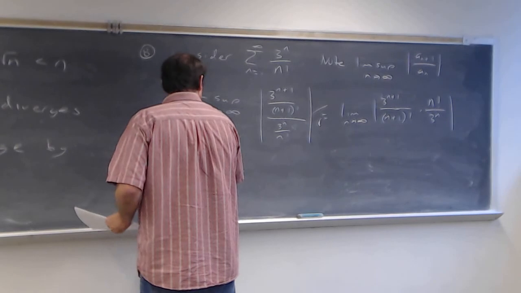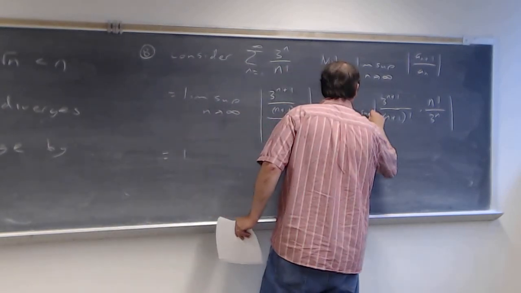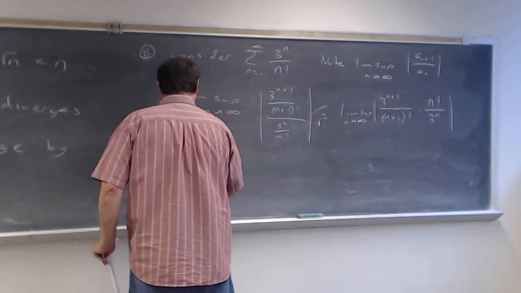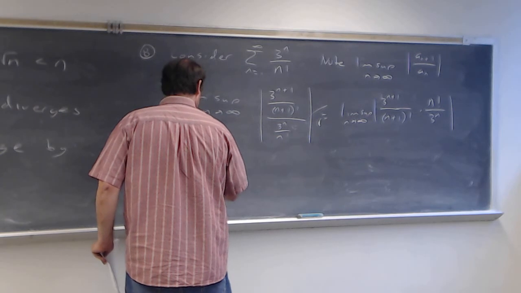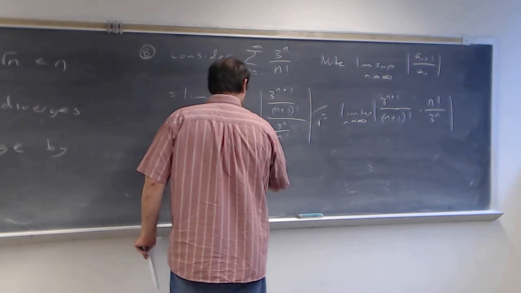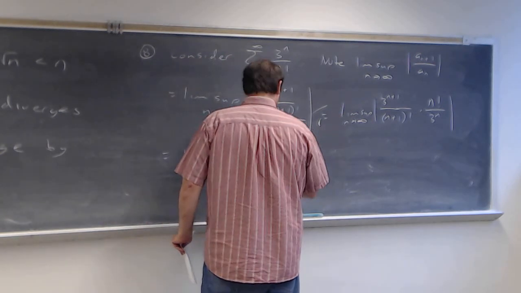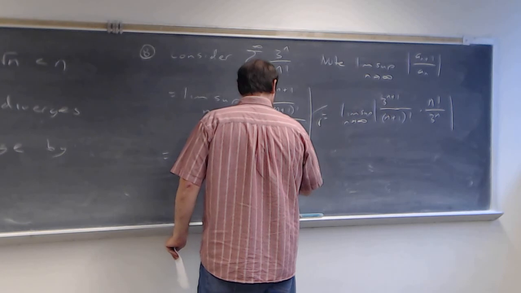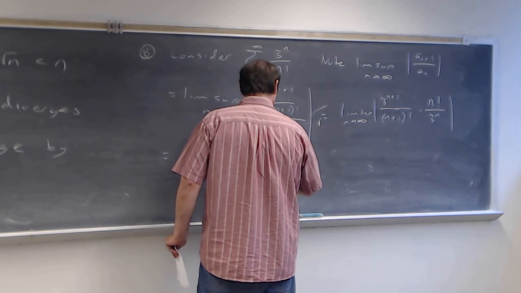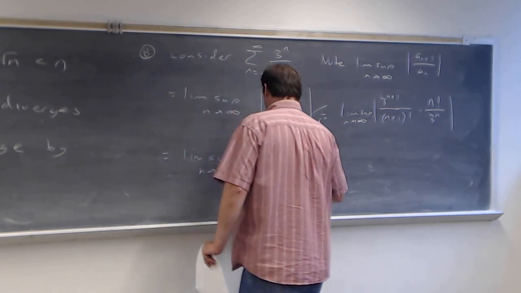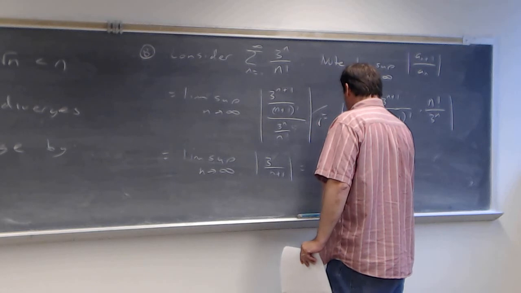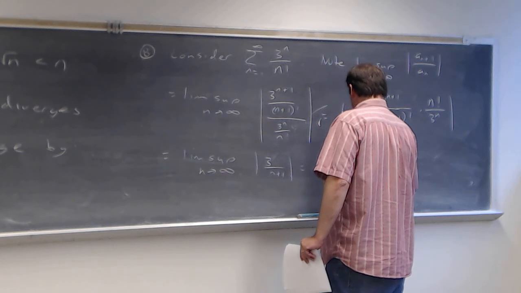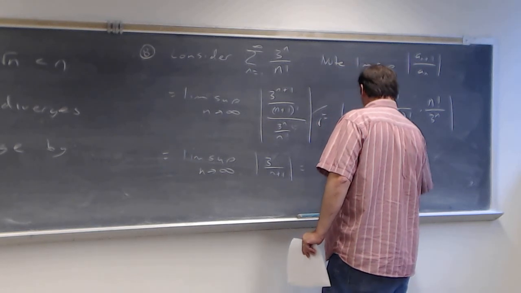And that's equal to, I should have written down lim sup here. That's the lim sup as n goes to infinity. Here, we'll cancel, and we're just left with 3 over n plus 1. And that's equal to 3 times the lim sup as n goes to infinity of 1 over n.